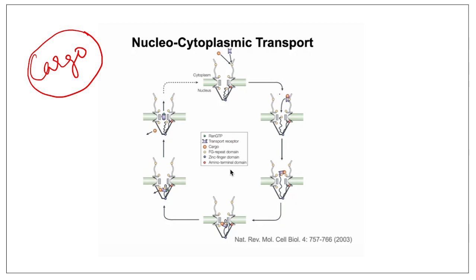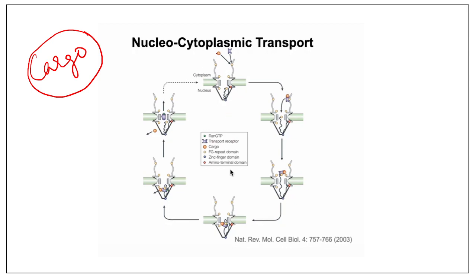Now, there are so many FG repeats. These FG repeats are very important actually, because these repeats help in the transportation. This is the cargo and this is the receptor, and the FG repeat is also there. Then it will bind to this FG repeat. You can see this is the cytoplasm, so that means a protein is coming from the cytoplasm to the nucleus.